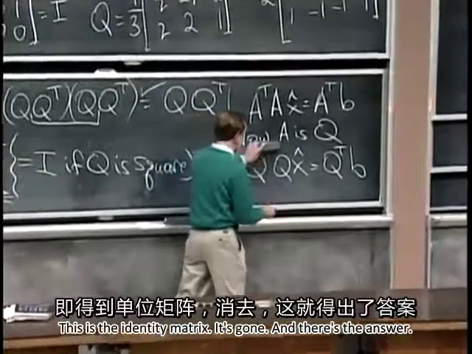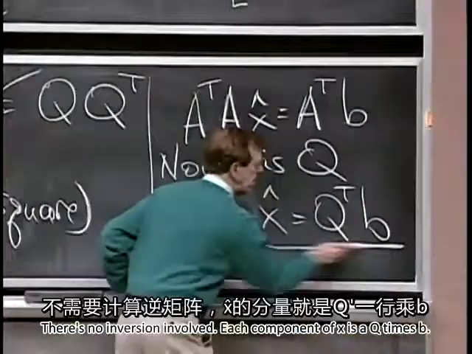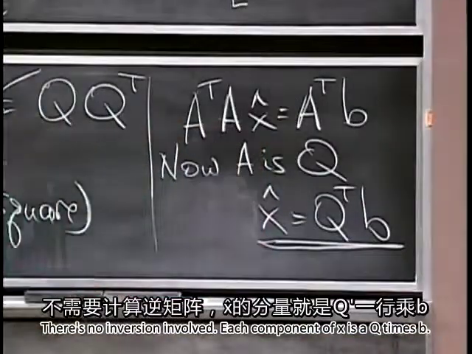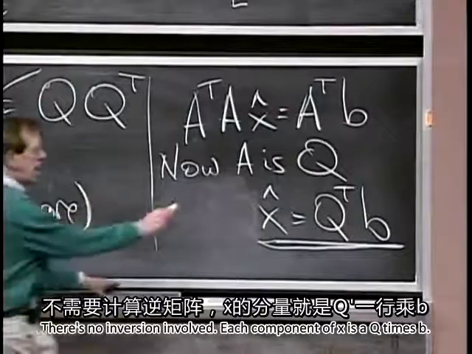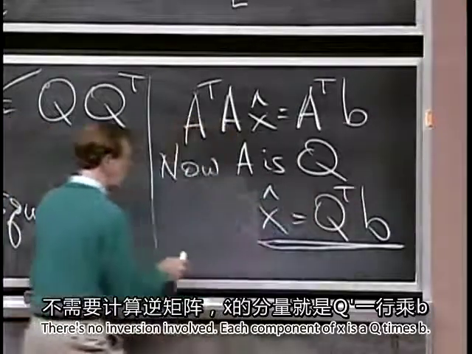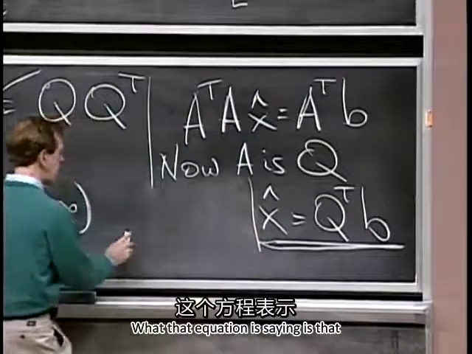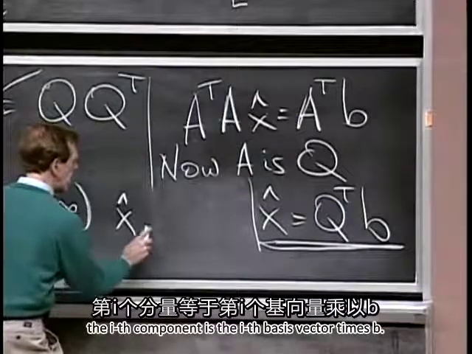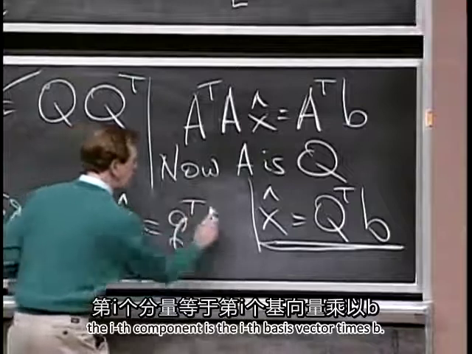This is the identity matrix. It's gone. And there's the answer. There's no inversion involved. Each component of X is a Q times B. What that equation is saying is that the ith component is the ith basis vector times B.